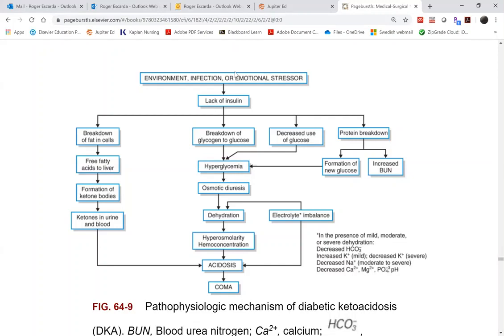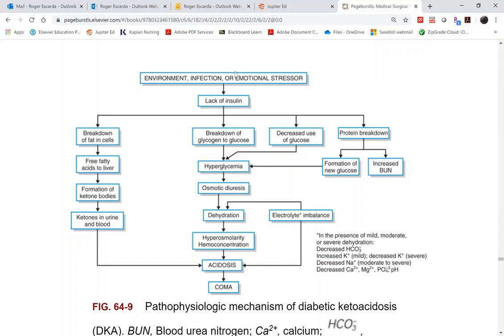So we break down the three sources of glucose. So we start with the liver. Since that is short-lived because we only have a limited amount of glycogen, it will now go after fat. So look at the left side, it's breaking down fat. On the right side, it's also breaking down protein.